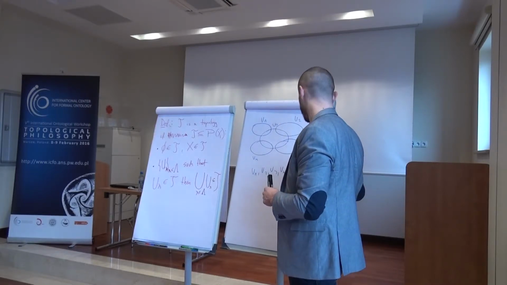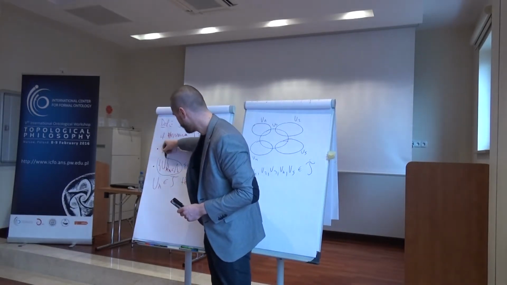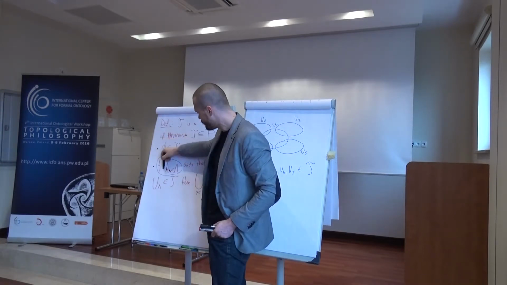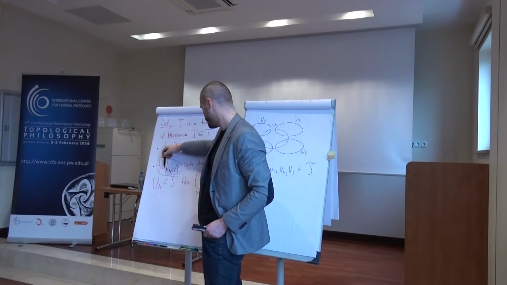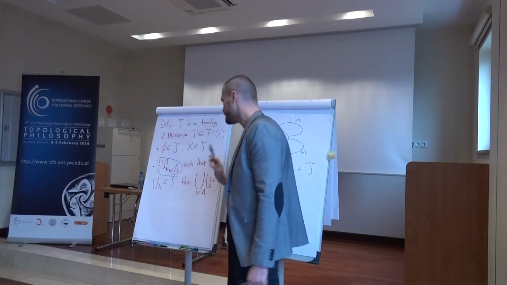And all those sets belong to T. So this thing here is the description of the family of sets. You have U indexed with lambda, and this lambda belongs to a given set of parameters, it doesn't matter.